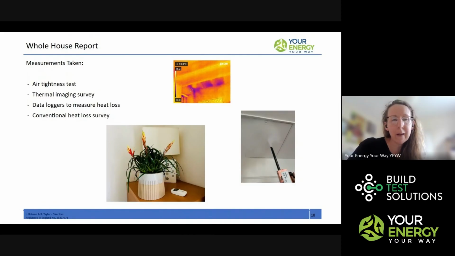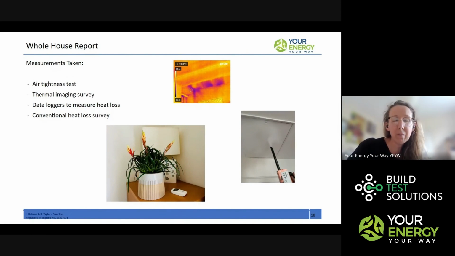We also did an air tightness test. We used the door blower test. As Richard mentioned, there's a lot of variation in air changes between different properties, even of the same age. But I find this really interesting for the customers, because our customers really like going around the house and experiencing where those drafts are coming in.